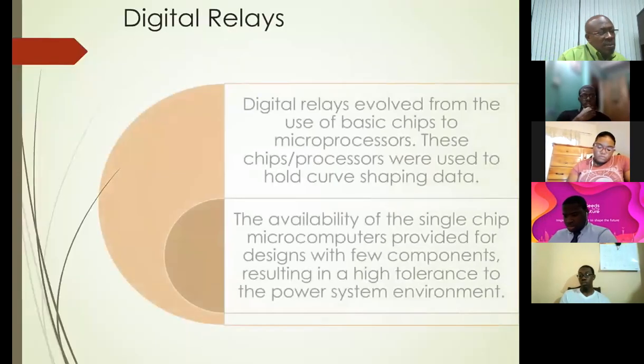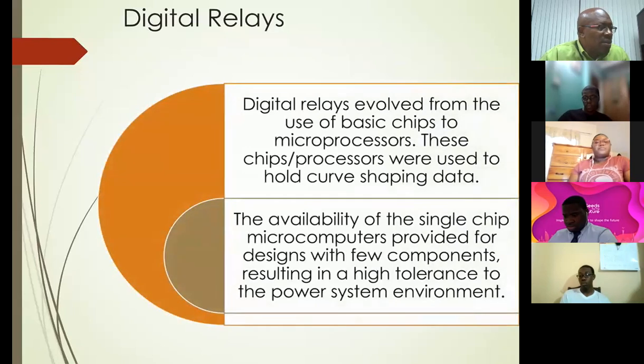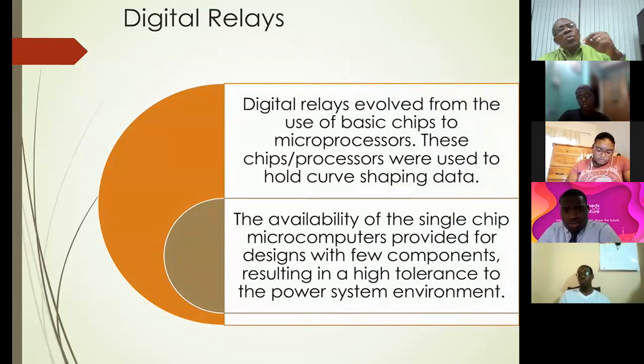So thirdly, we now look at the digital relays. And as you'd expect, we are now dealing with chips, microprocessors. And in the same way we have your curve shaping circuits, with these mini computers in terms of the microprocessors, we are now able to hold the curve data in them.